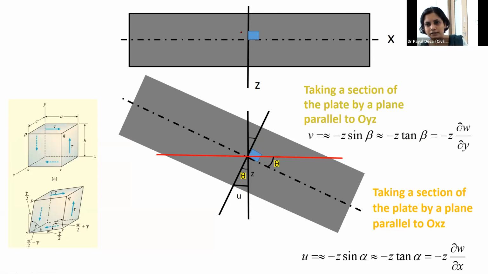So before stretching, if this is 90°, normal meaning 90°, this remains 90° after deformation as well. You can see here the x-axis has come here after deformation, and this axis, which was earlier the straight vertical line, that is the z-axis, when it deforms, it maintains 90° to this.